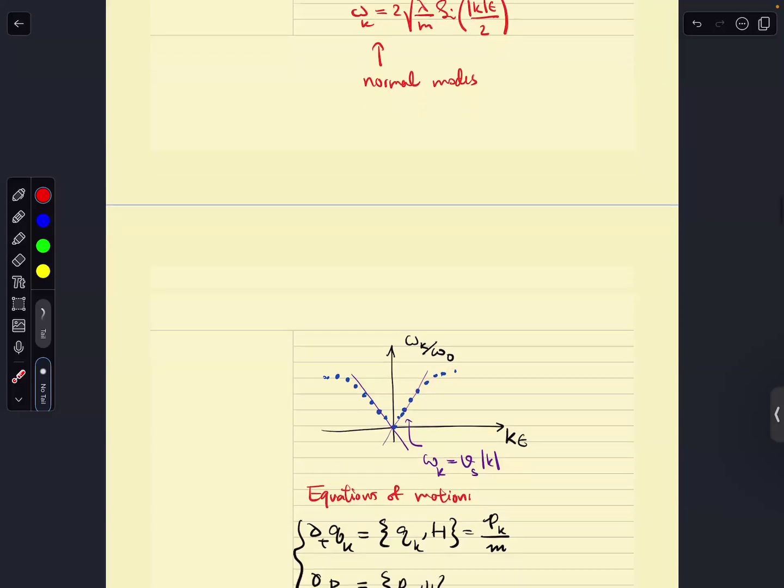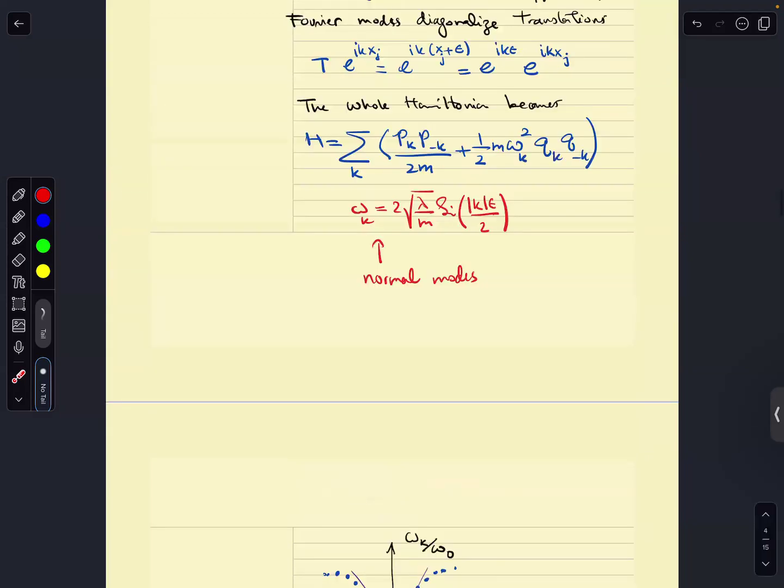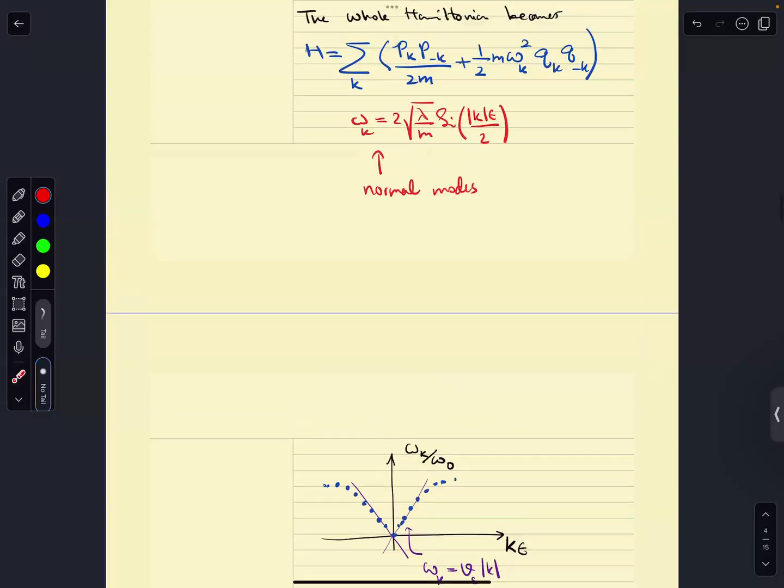This dispersion has a whole bunch of properties. First of all, if you take omega of k and take a k derivative of it, what is that thing called? There's a group velocity and a phase velocity.